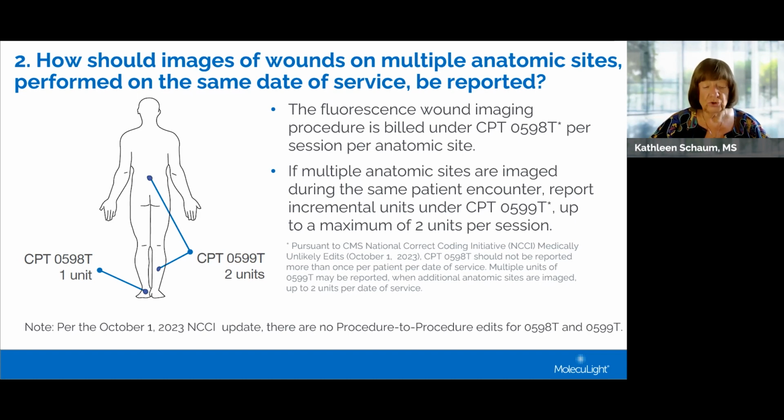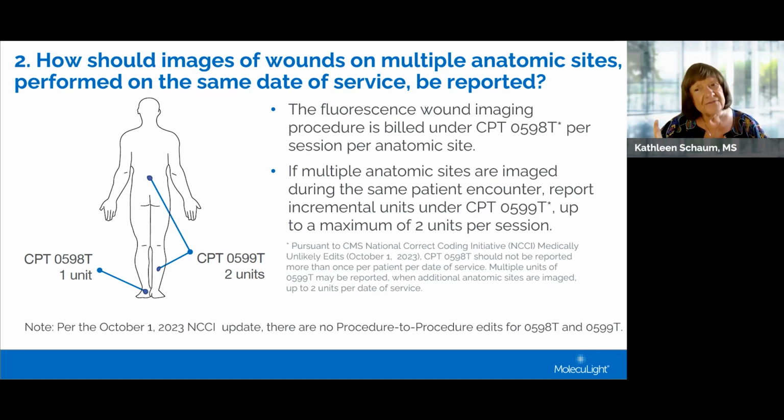The other 2 wounds are on 2 different anatomic sites. Therefore, 2 units of 0599T should be reported, 1 for each additional image of each additional anatomic site.